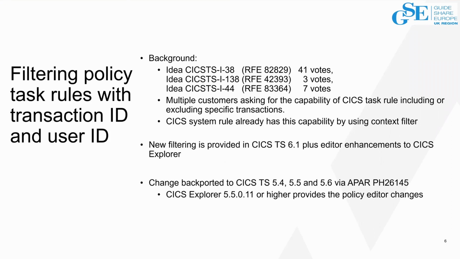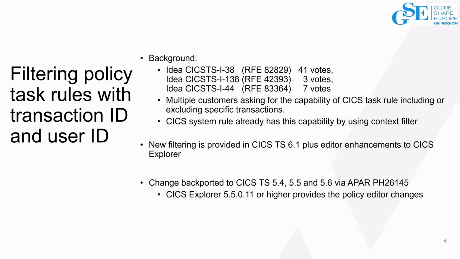RFEs are now called ideas, as you're probably aware, but requests for enhancement was one concerning a much easier way of being able to scope down a policy task rule to a specific transaction perhaps, or a specific set of transactions, or to exclude a transaction or a set of transactions from a particular policy rule. You could do it, but it was a bit clunky.